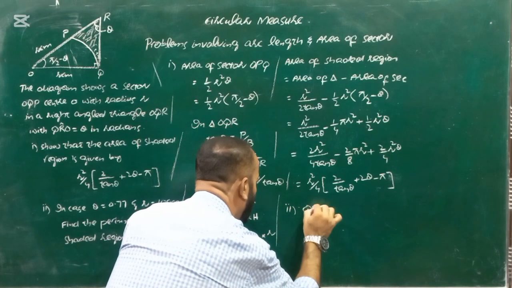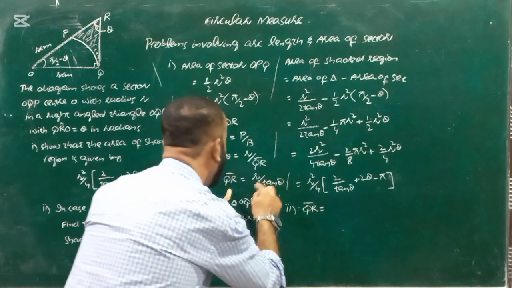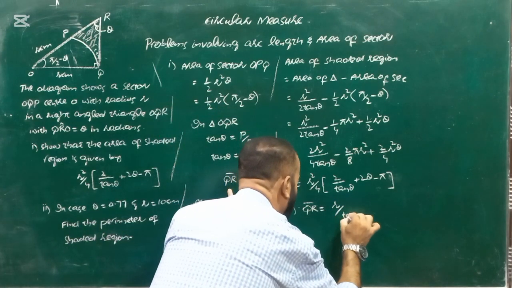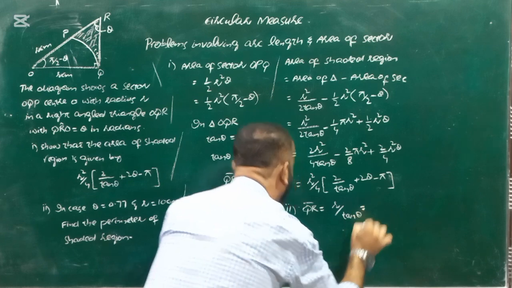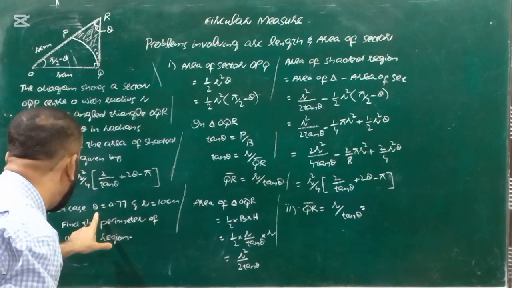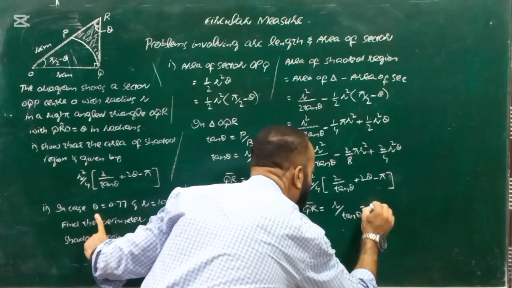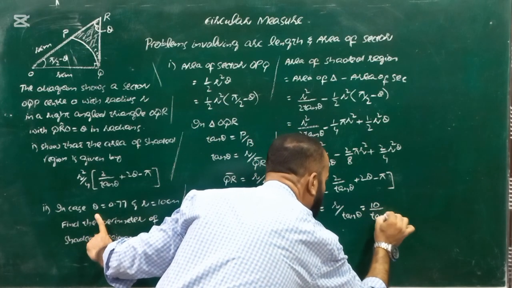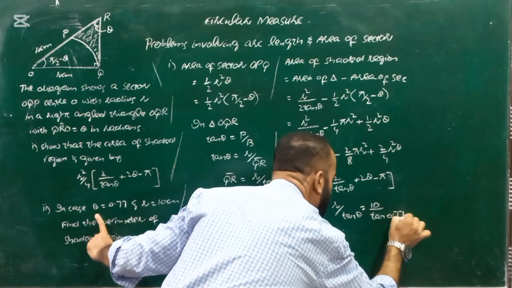So QR is r over tan theta. r is equal to 10 and theta is 0.77. So 10 over tan 0.77.